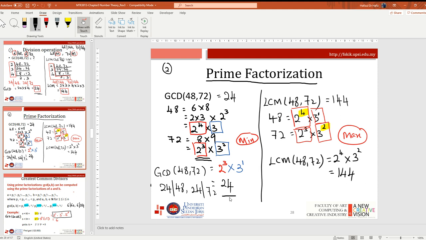And then we get 24. That is the minimum for GCD. For the LCM, least common multiple, we take the max: 2 to the power of 4 multiplied by 3 to the power of 2. Then we get 144.